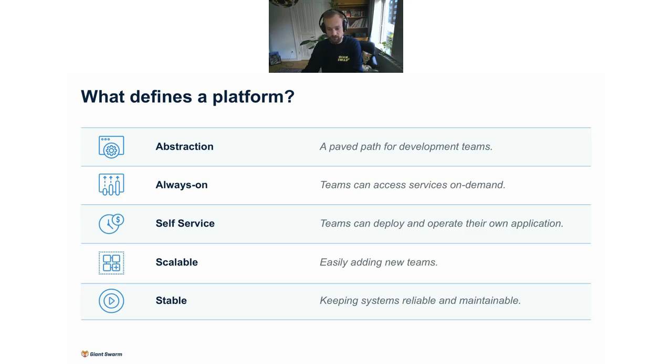Then the last one is stability, that we are able to keep our system reliable and maintainable at all times. So this is what we define as a platform. And when we talk about the Kubernetes Platform DNA, we are talking about all the benefits Kubernetes brings us, that we embed into our platform design.